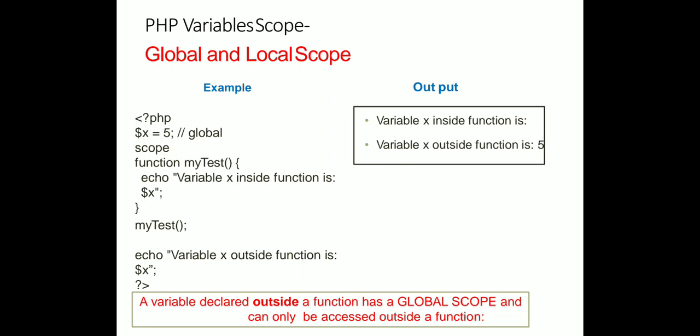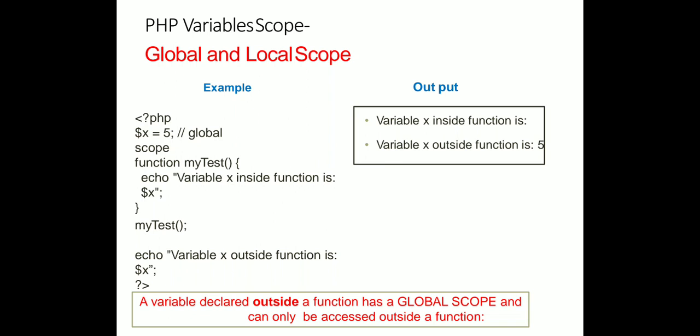First, I have started the script as angle bracket, the question mark and PHP, and I have defined a variable $x equals to 5. So I have defined it at the start.